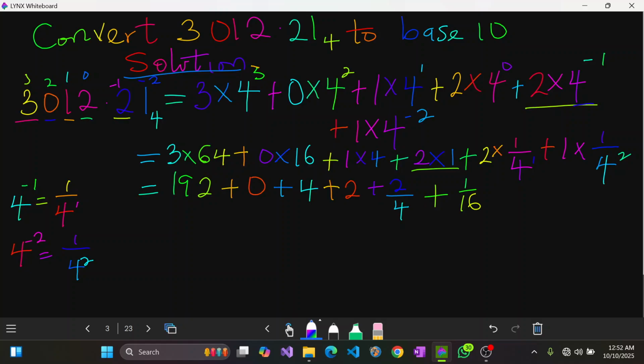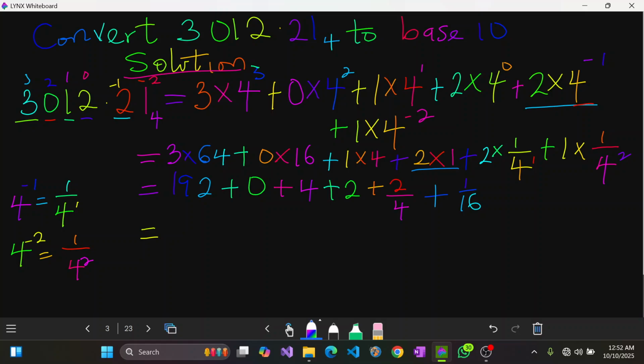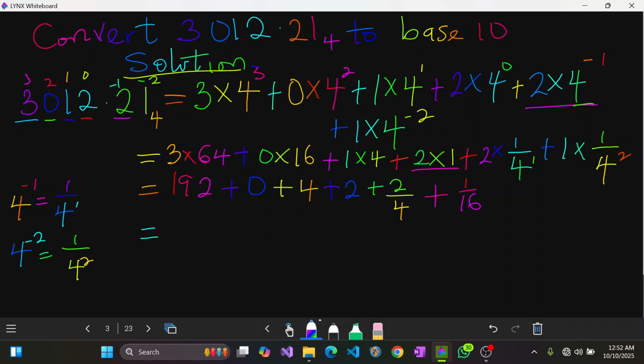Which is going to be equal to 192 plus 4 plus 2, which is 198.